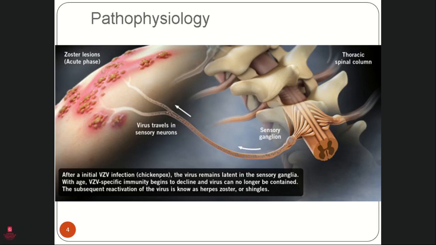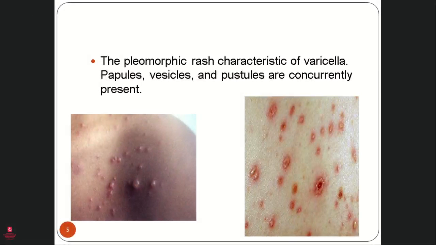After a week, a secondary viremia disseminates the virus to the viscera and skin, eliciting the typical skin lesions. The pleomorphic rash characteristic of varicella: papules, vesicles, and pustules are concurrently present.